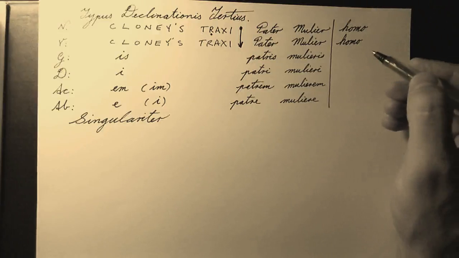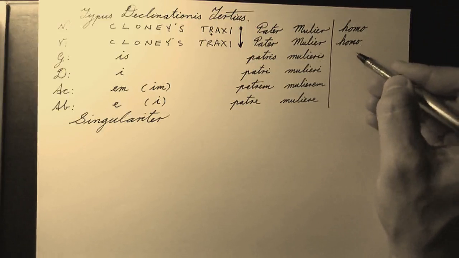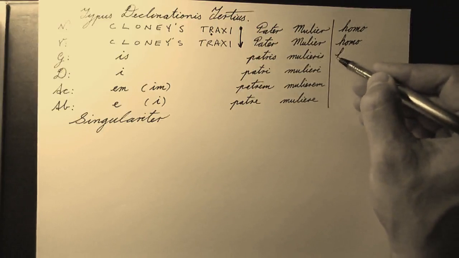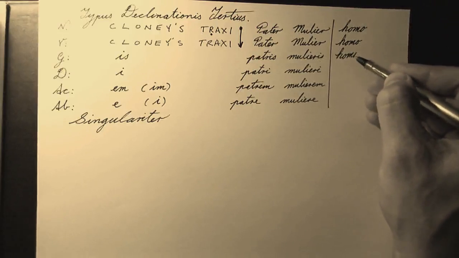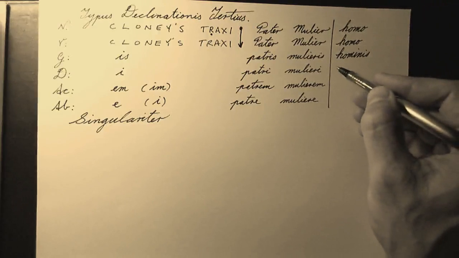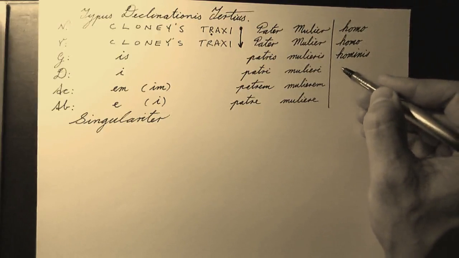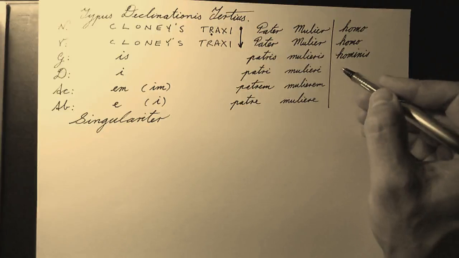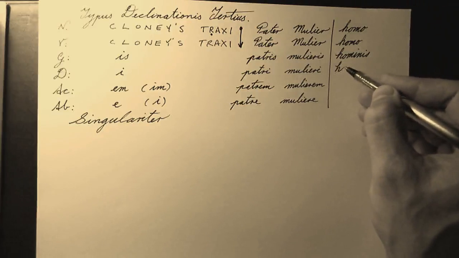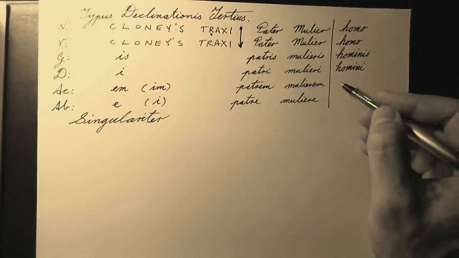homo. Now something happens here. It's not homois, but hominis. That, of course, is man's, apostrophe s. To the man, homini.